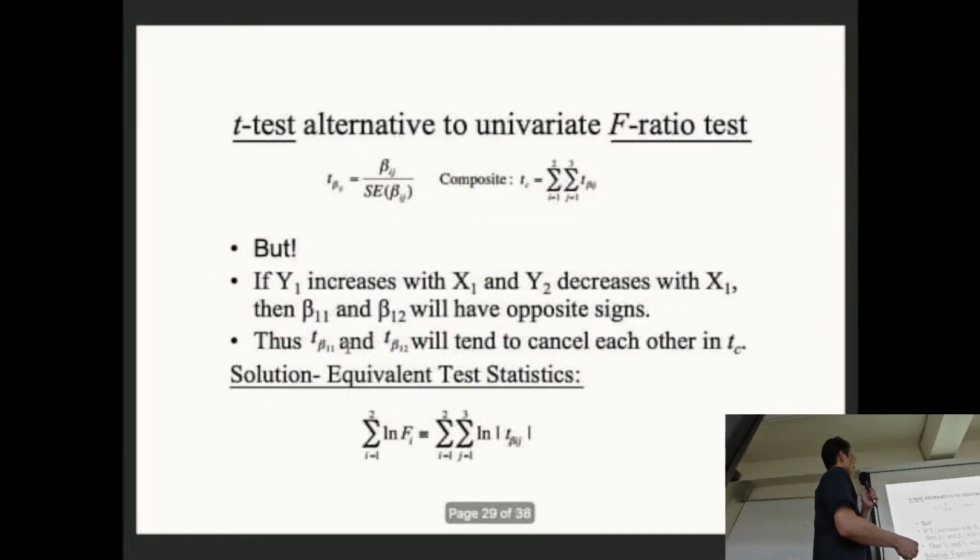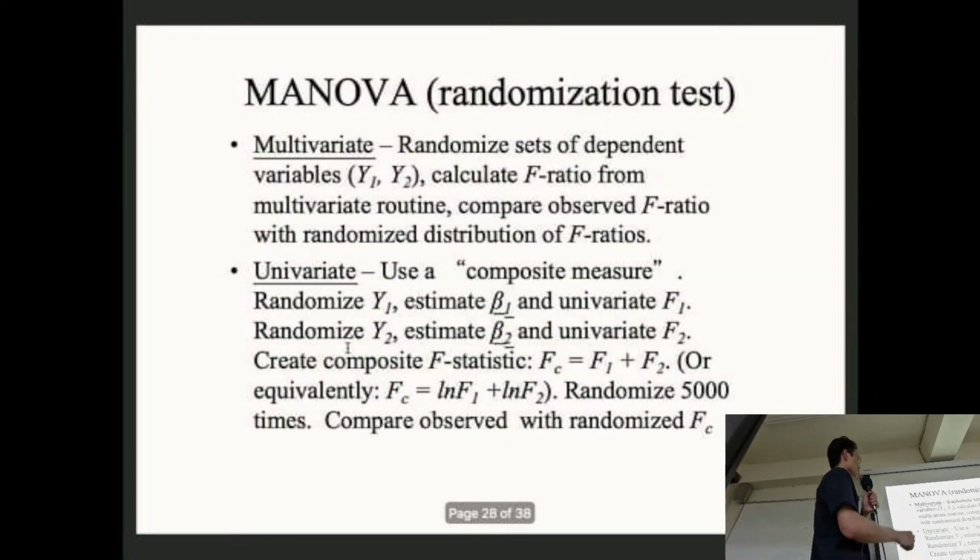However, in this case, if your y1 increases with S1, but the y2 decreases with S1, then beta1 and beta2 tend to have opposite signs. Then you sum them, they become 0, and it becomes more confusing. So in this case, you want to take the absolute value and then sum them. Just be careful if you choose this way. But as I said, it's recommended and easier to do it the other way.